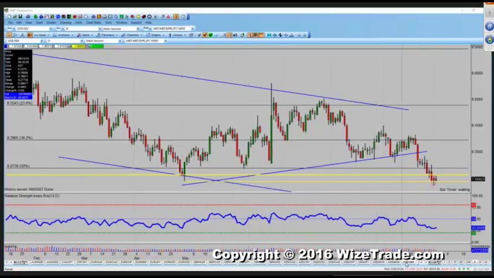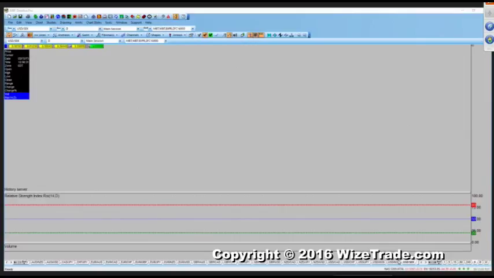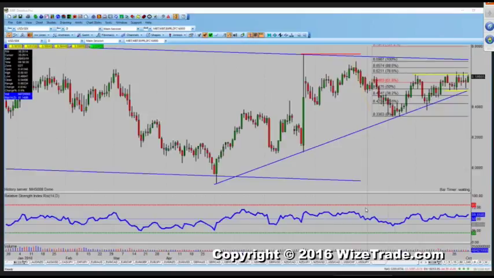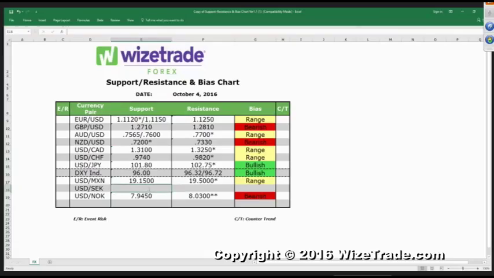US dollar, Swedish krona. We are at major resistance. We're still 8.50, and I'm going to write down 8.50 to 8.63. If we break 8.63, look out.